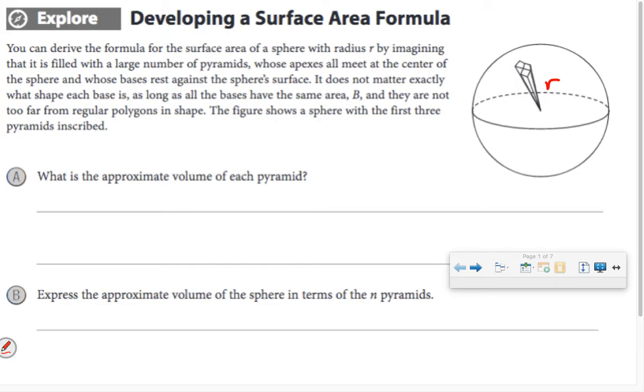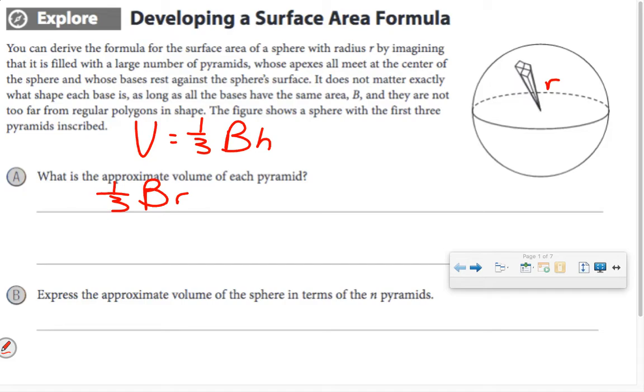First thing they're asking us is, what is the approximate volume of each pyramid? Remember that the formula for the volume of a pyramid is V equals 1/3 B times H. So if the height of each pyramid is r, I can rewrite that as 1/3 B times r.